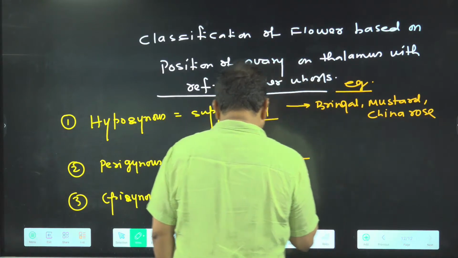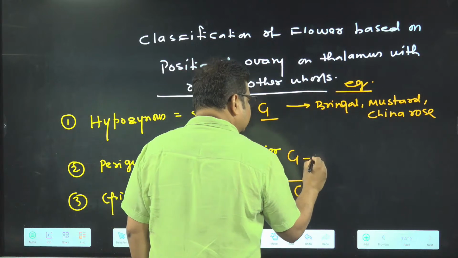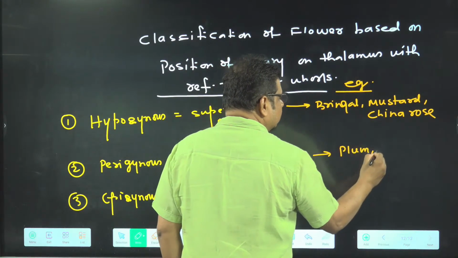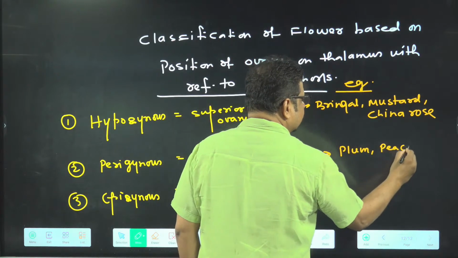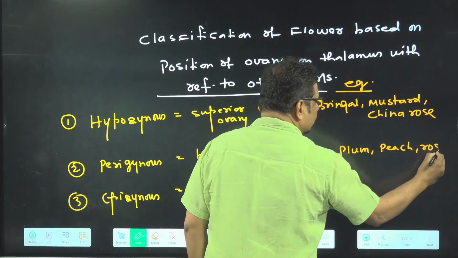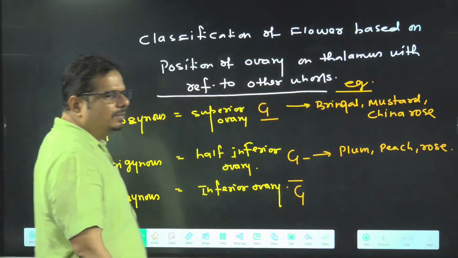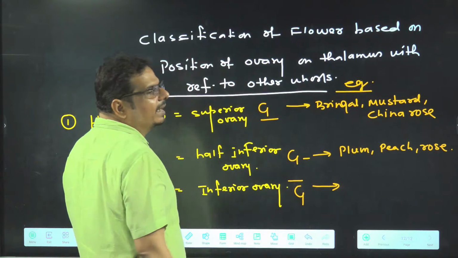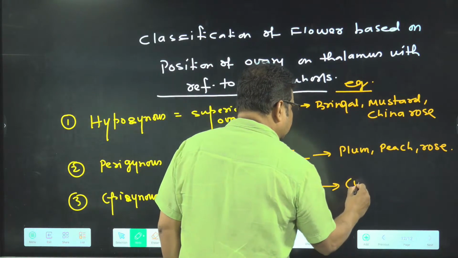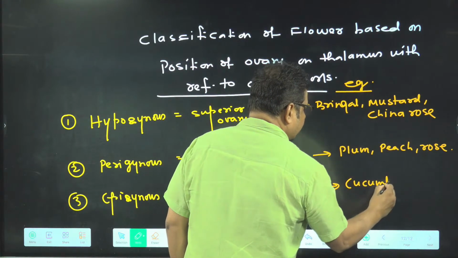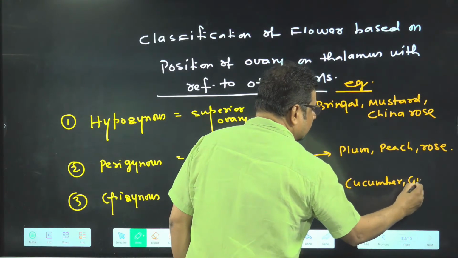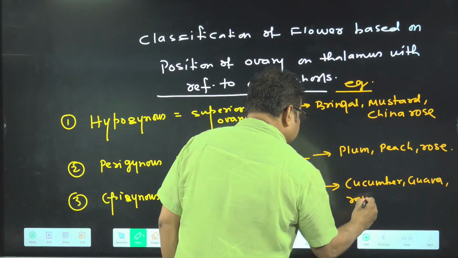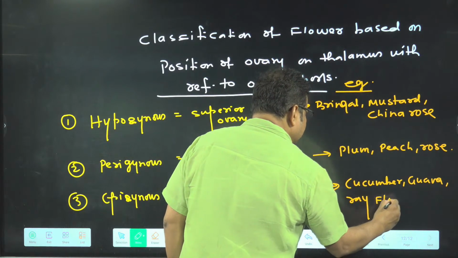What are the examples of perigynous? Tell me. Plum, peach, and rose. These are the examples of which one? Perigynous. And what are the examples of epigynous? Cucumber, guava, and ray florets of sunflower. These three examples are given.